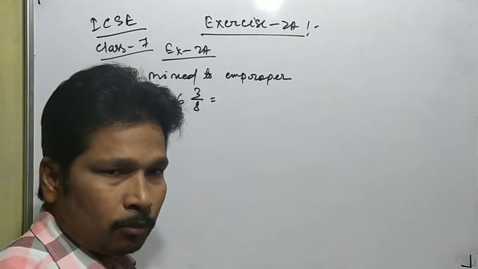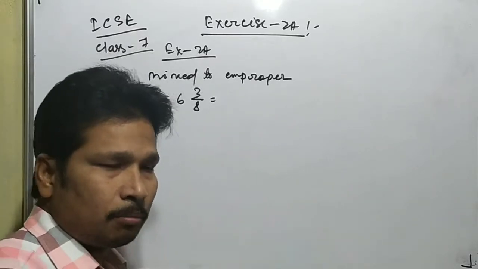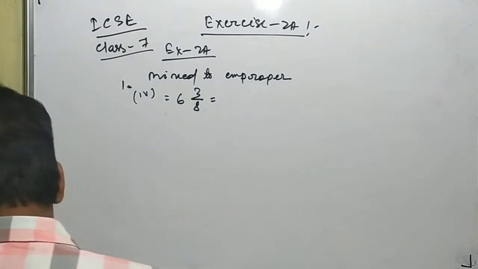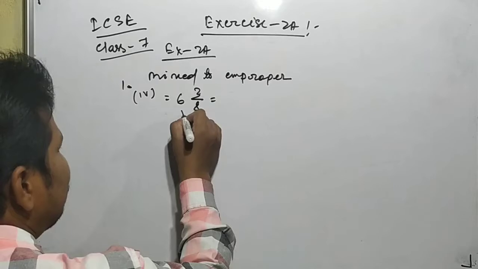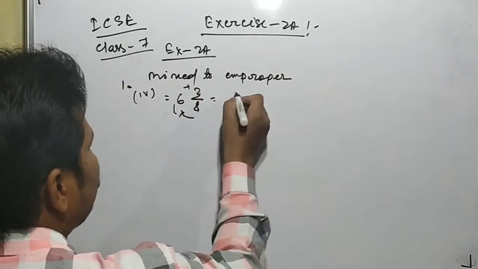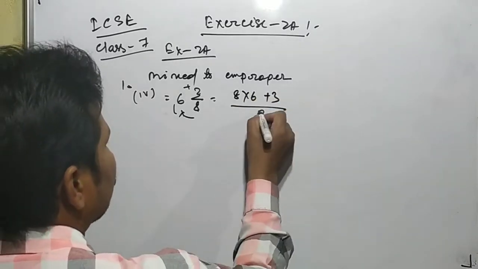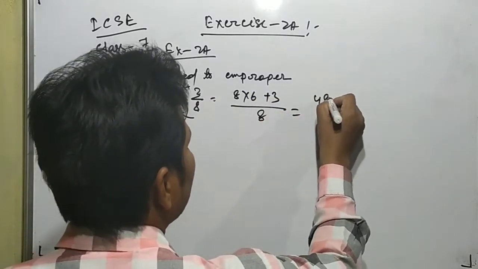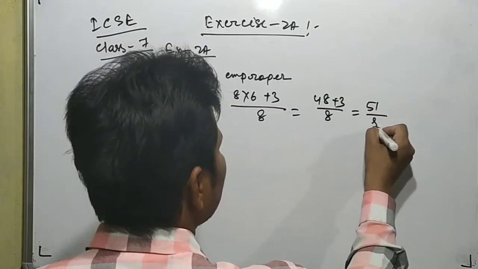Before doing the exercise, first of all you have to watch that video. So 6 3 by 8. First of all we multiply 8 with 6 and then add 3. So 8 into 6 plus 3 divided by the denominator 8, which is 48 plus 3 divided by 8, which is equal to 51 by 8.